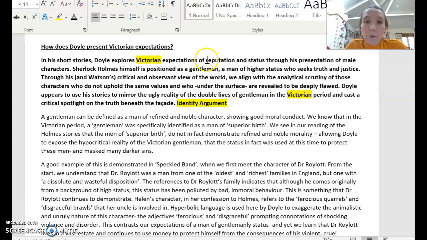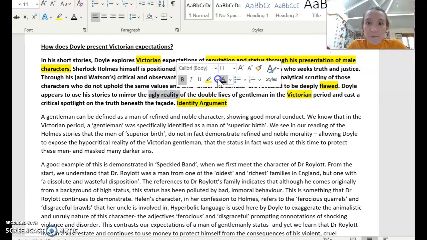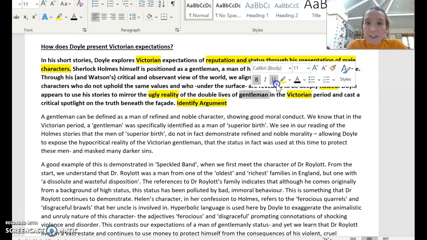But I also am specific about what I'm going to be talking about. So this is more important for this question than for the Sherlock Holmes question. So for instance, I'm going to focus on the presentation of male characters and their reputation and status. And I'm going to focus on the flaws and ugly reality of those male characters.